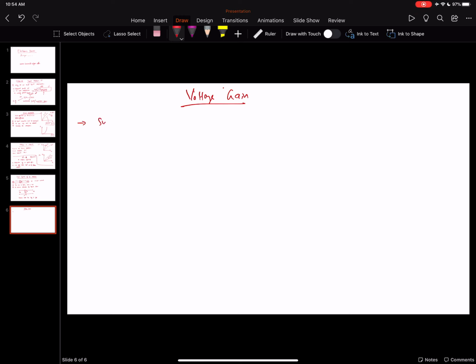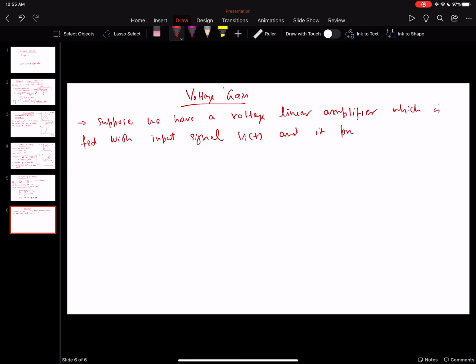Suppose we have a linear voltage amplifier which is fed with input signal Vi of t, and it provides output V naught of t across load resistor RL. I can draw a circuit based on this statement.